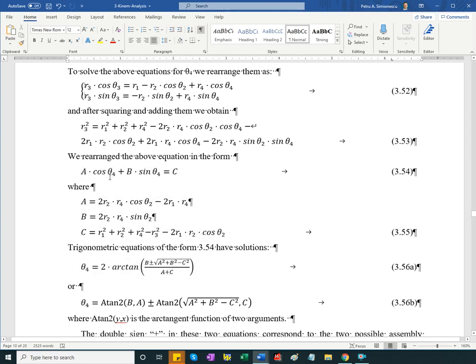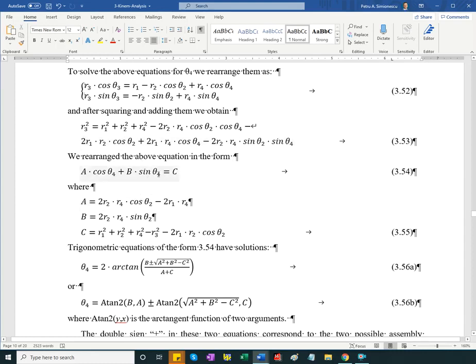And indeed, you get a quadratic by replacing cosine theta 4 with its half angle equivalent, so it would be 1 minus tangent squared of theta 4 over 2 over 1 plus tangent squared of theta 4 over 2.